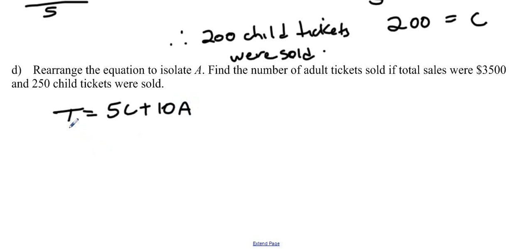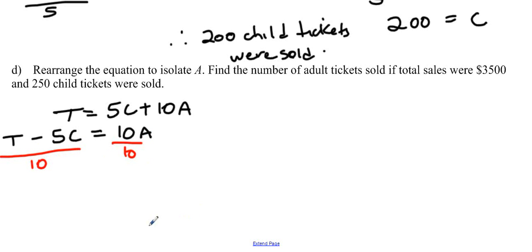This time we're going to isolate for A. So I'm going to have T minus 5C equals 10A. And I'm going to divide through by 10 on both sides. I think it's easier if we just divide the whole thing. And so we end up here with A equals T minus 5C over 10.